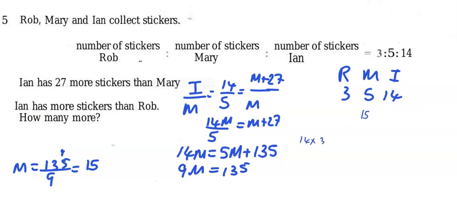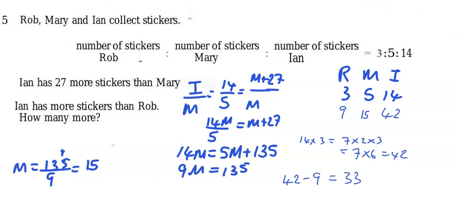So 14 times 3, which is 7 times 2 times 3, which is 7 times 6, is 42. So Ian has 42. 3 times 3 is 9. And so if we do Ian minus Rob, we find that that is the answer.